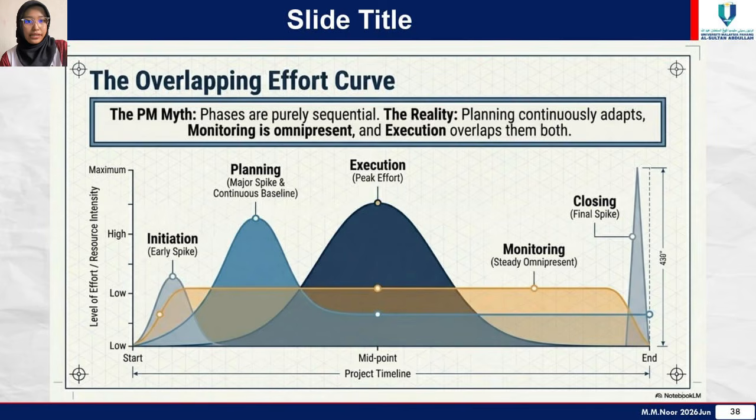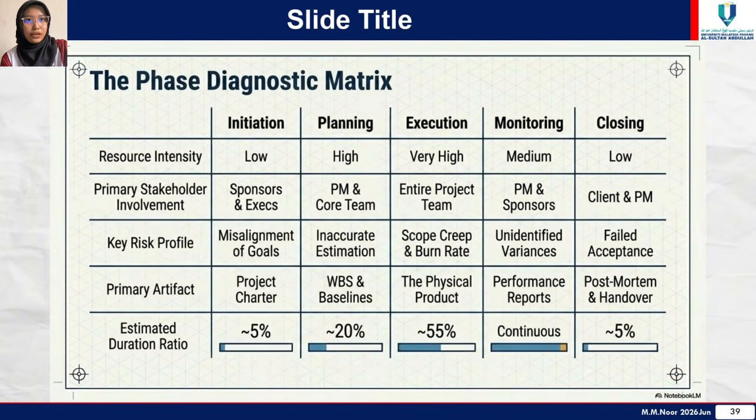From the graph, we can see how each phase plays an important role in the project management life cycle. The phase diagnostic metric shows that initiation, planning, execution, monitoring, and closing have several keys: resource intensity, primary stakeholder involvement, the key risk profile, primary artifact, and estimated duration ratio.